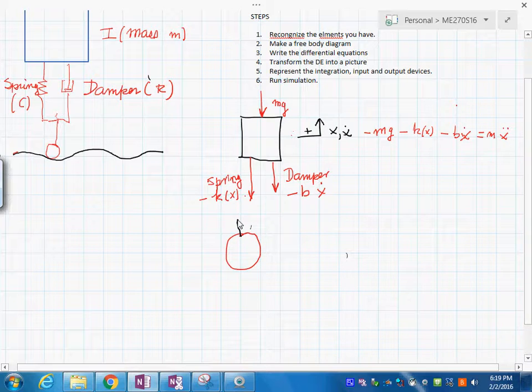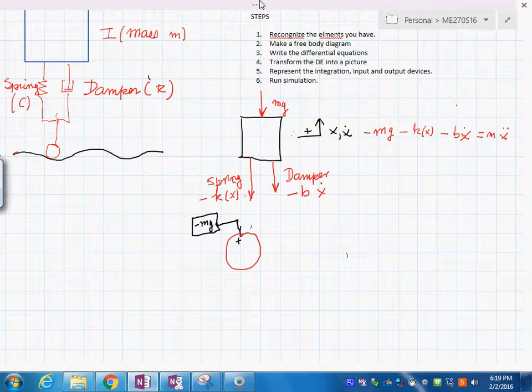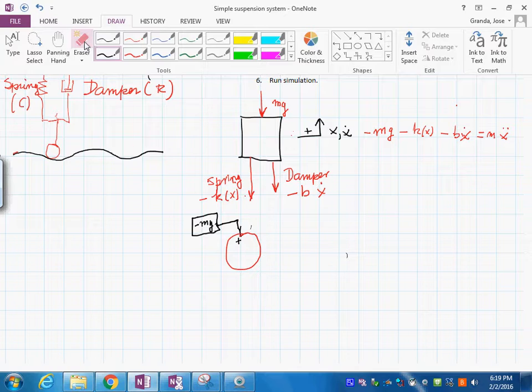So we have in here the first one, this minus mg, and that is a term here, a negative term, because it's going down.